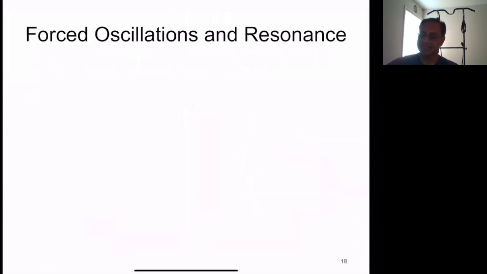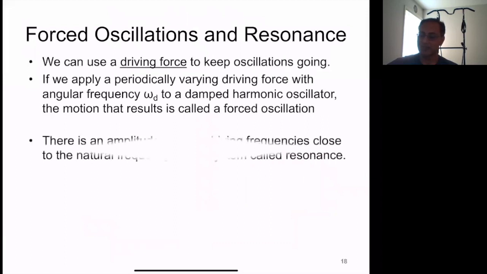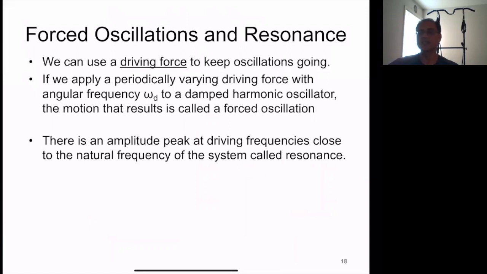All right, the last thing that I'm going to briefly mention is forced oscillations. So far we've talked about systems where there is no force which is forcing it to oscillate. So in other words, if you just take the spring mass system and you displace it a little bit, then it's going to start oscillating.